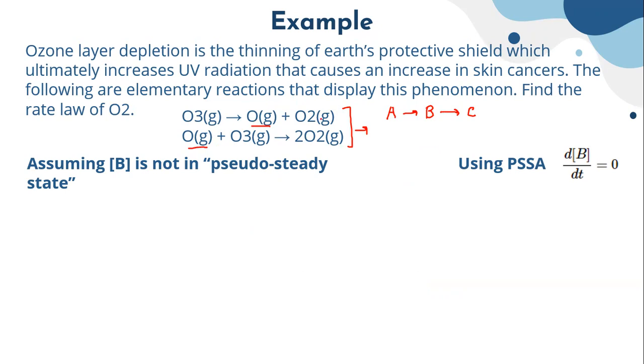That means the O is the intermediate, so we can write it out as 2O3 gas to oxygen gas, which then converts to 3O2 gas. All right, so first we're going to solve assuming that B is not in a pseudo-steady state. Again, this simply means that the intermediate is not constant.